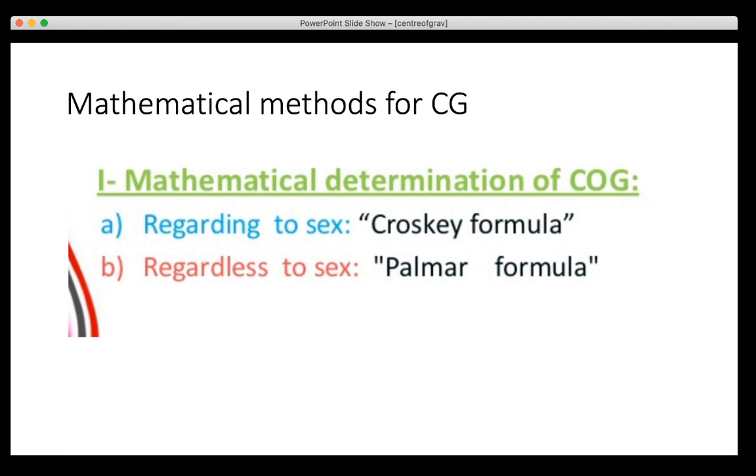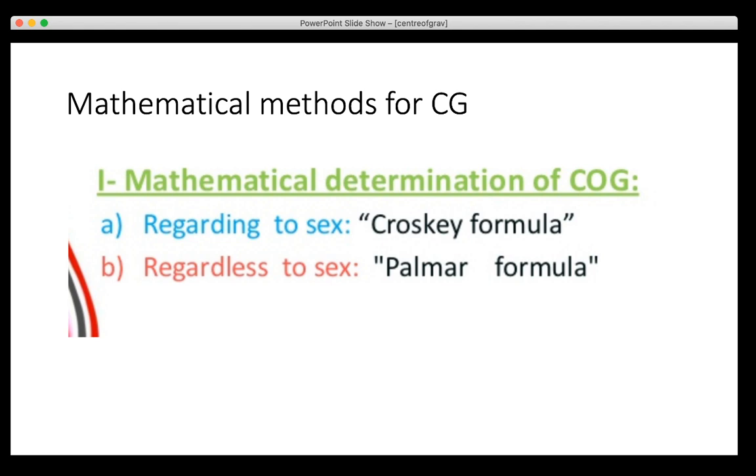One of these formulas is known as the Crosskey formula, and it depends on the sex of the individual, whether male or female, because in the Crosskey statement we have two formulas, one for males and one for females, and the second one is the Palmer formula. That will give you one equation. You just have to put in your height and weight and you will get the CG location from your floor, from your toe. So this is the mathematical equation and these are based on generalized data.